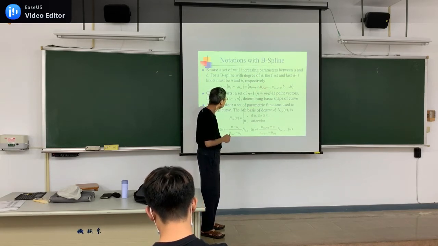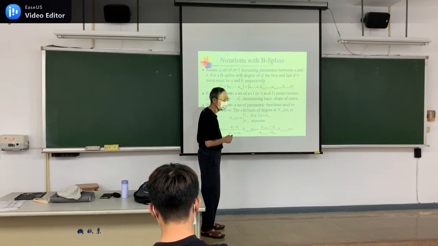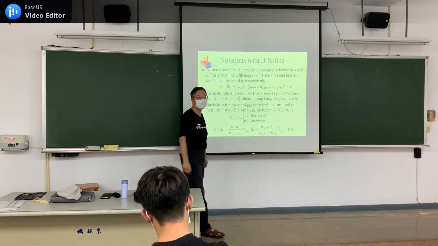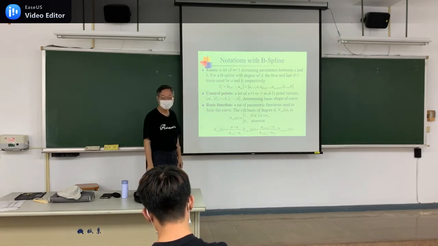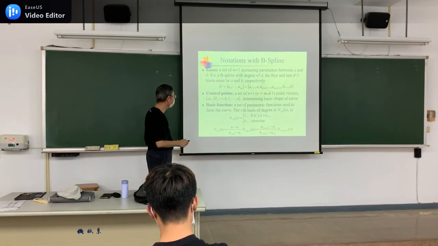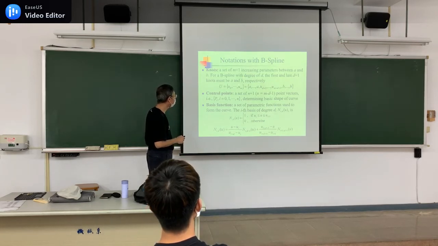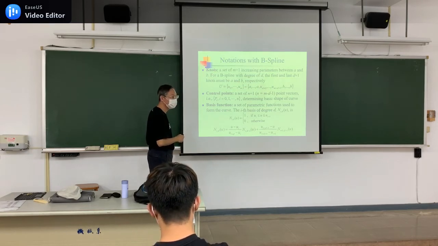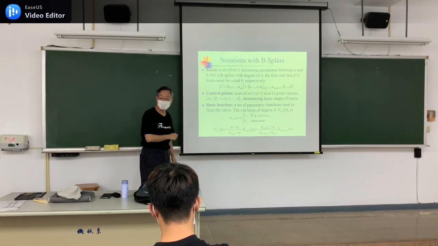So you may have 0.3, 0.5, 0.7, something like this, and then 1. Example. Okay. This is what we call knots, and this type of thing we sometimes call the knot vector.